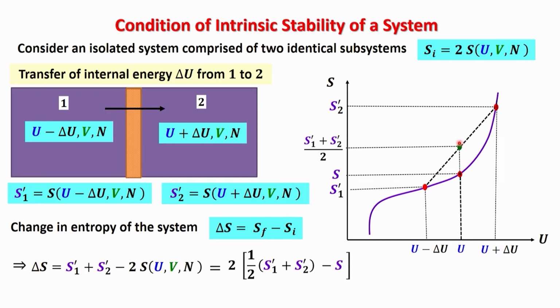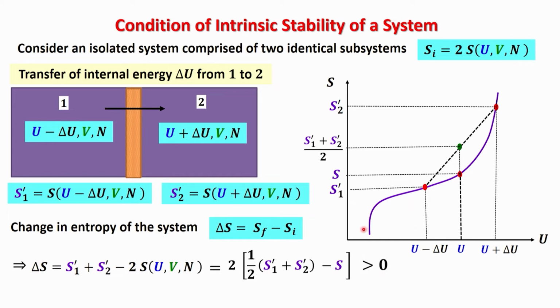I find that the green point is higher than this red point over here, and that means that I must be having half of S1 prime plus S2 prime greater than S, and that basically says delta S is greater than 0.